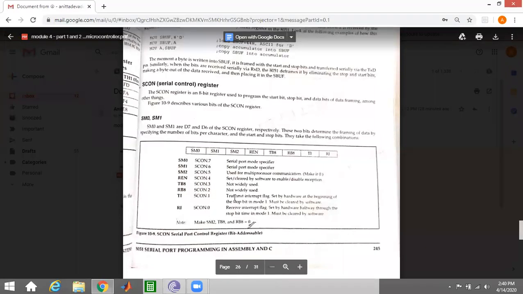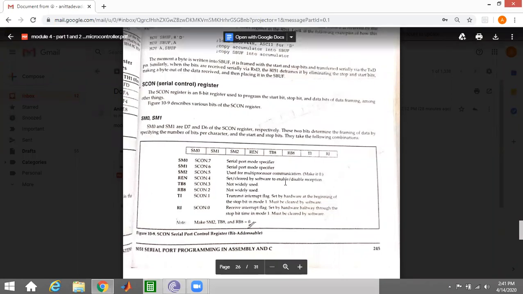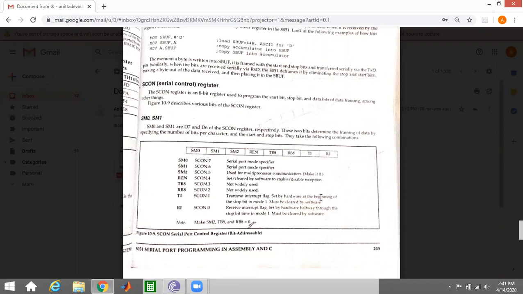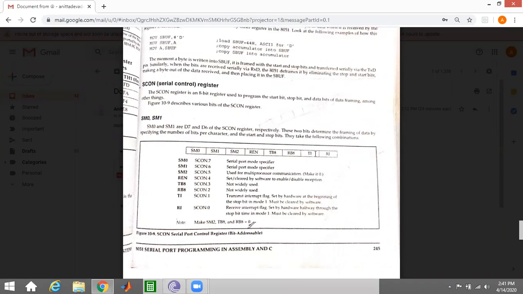Then TI and RI. This is the transmit interrupt flag, set by the hardware at the beginning of the stop bit. RI is the receive interrupt flag. What is TI? Transmission interrupt flag. What is RI? Receiving interrupt flag.